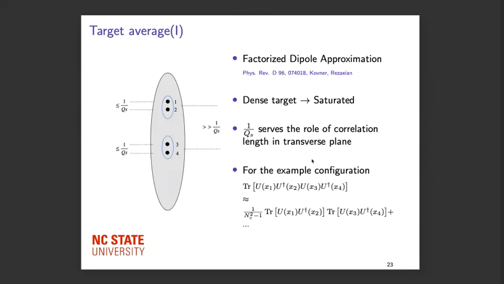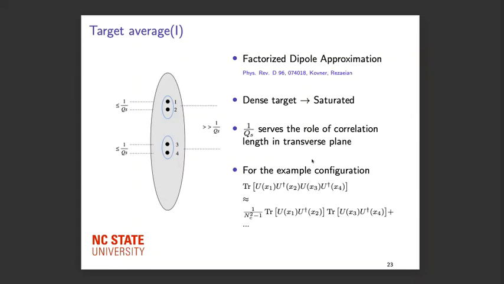All right, so for the target average, what we use is the so-called factorized dipole approximation. We have this parameter called the saturation momentum, which you can think of as an inverse correlation length.